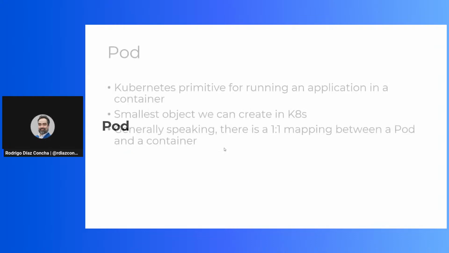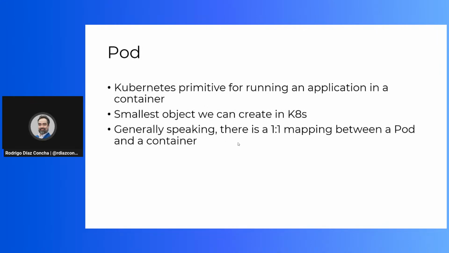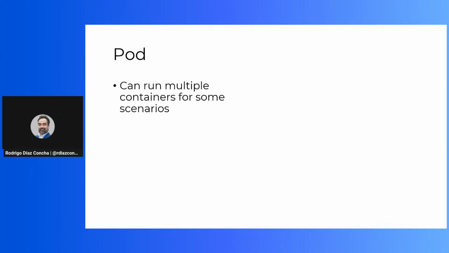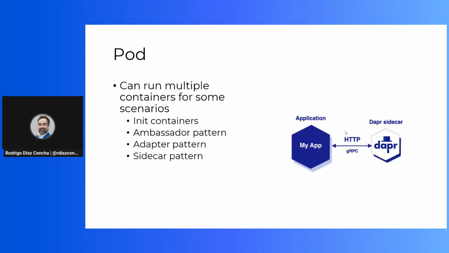So let's talk about the pods. The pods are the smallest objects that we can create in Kubernetes, as I mentioned before, okay? And generally speaking, there's a one-on-one mapping between a pod and a container, okay? So this is the place that I wanted to show you, where I have the sidecar pattern.